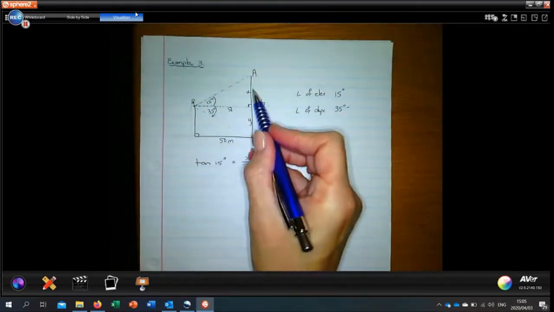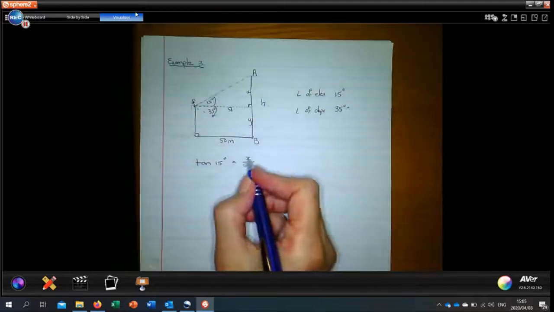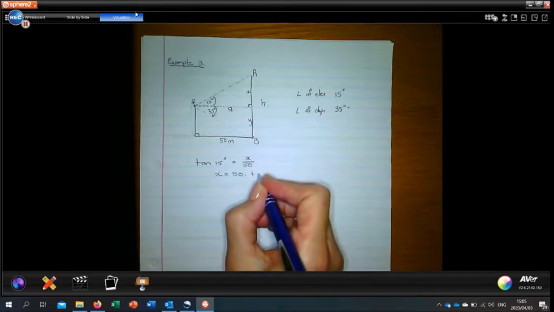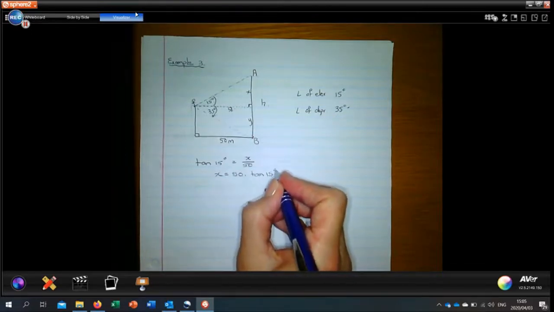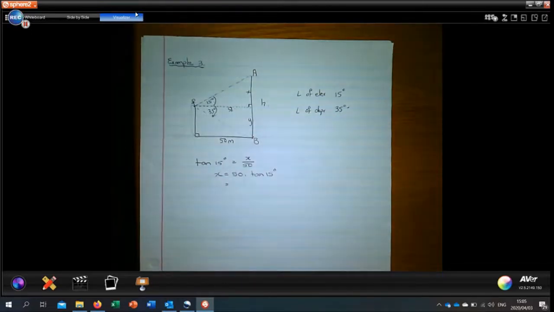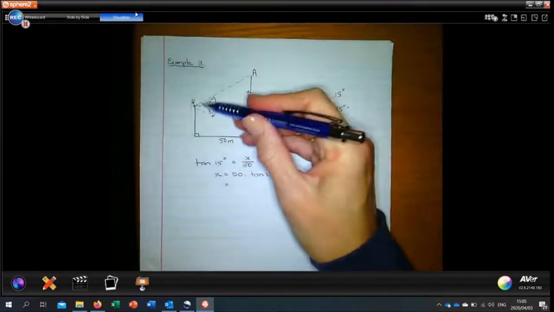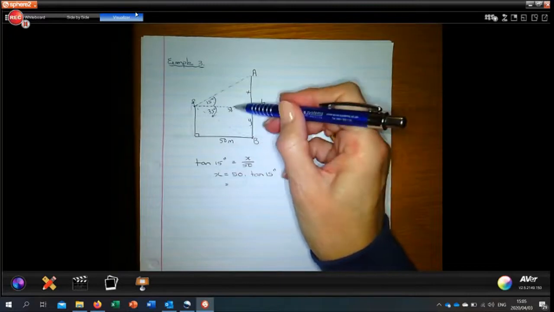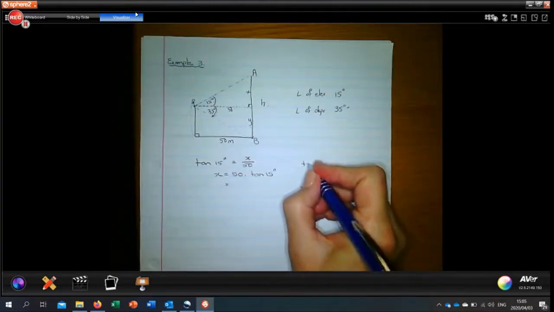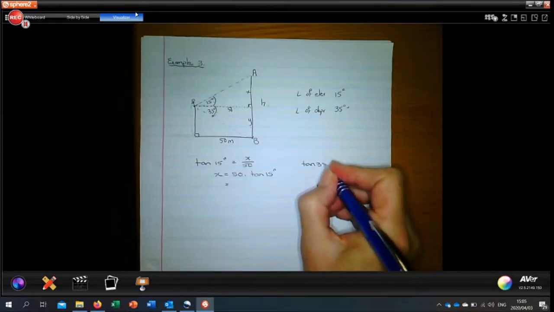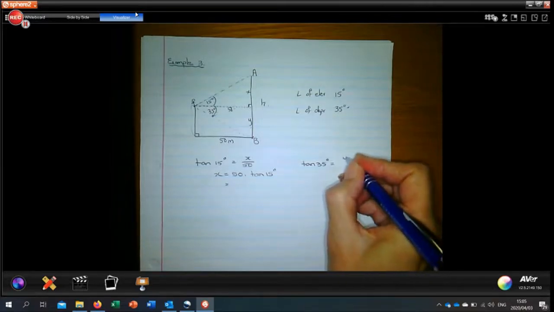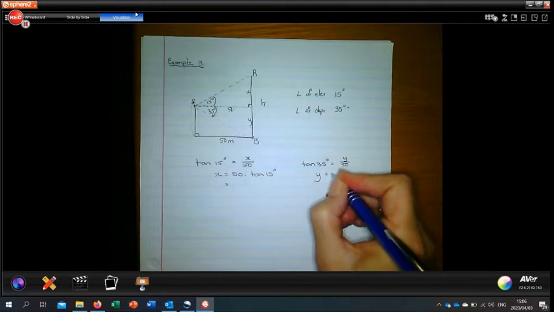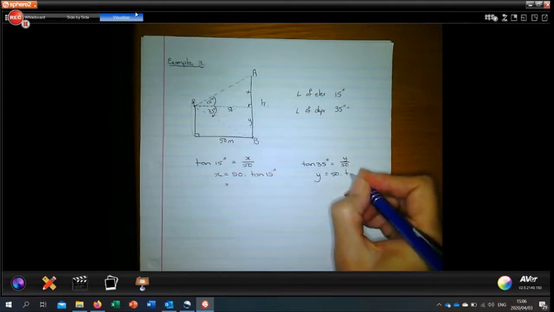Tan 15 is x over 50, and I can calculate x as 50 times tan 15. I'm not going to calculate the answer yet. I will tell you now why. If I work in the other triangle, standing at 35, opposite and adjacent, I also know that tan 35 is opposite over adjacent. So this y is 50 times tan 35.